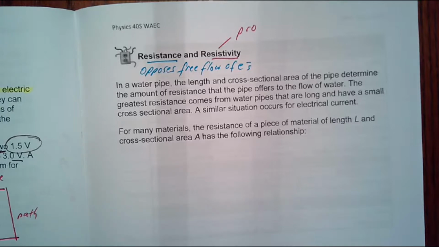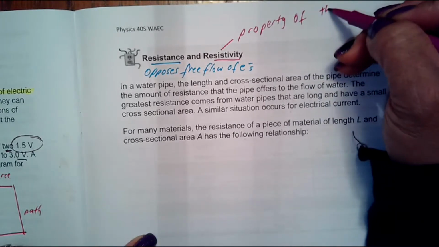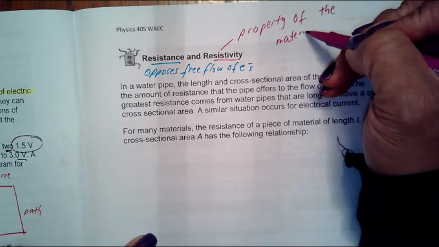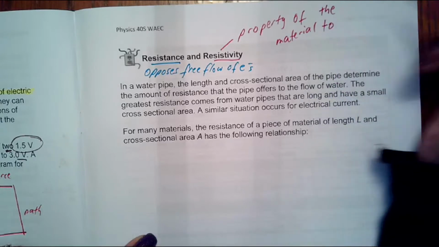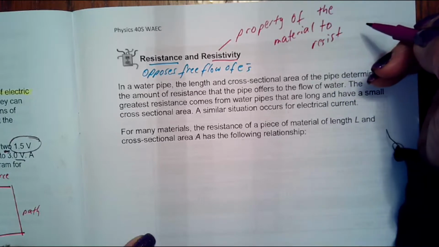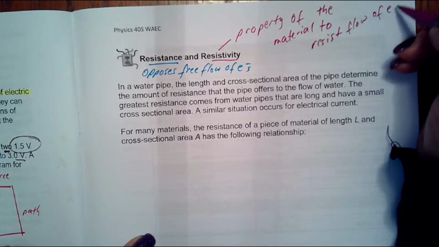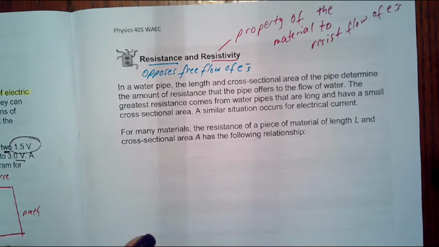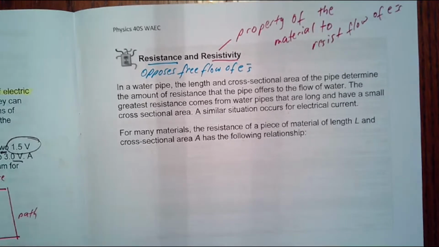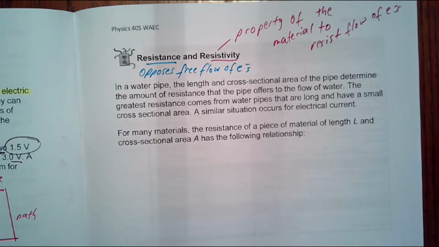So just like density, resistivity is a property of the material to resist the flow of electrons within that particular dimension. It is a property of the material which defines the resistance of the material with specific dimension.